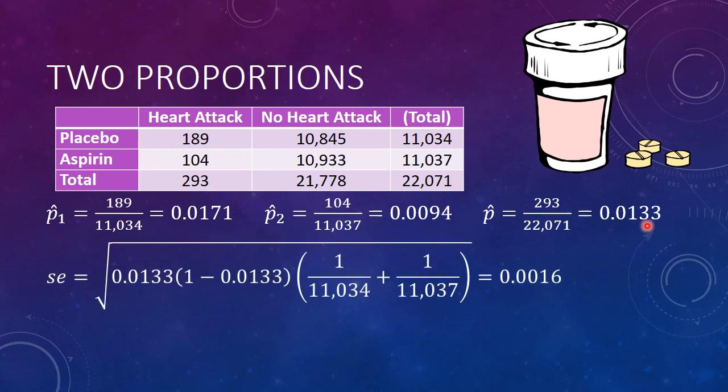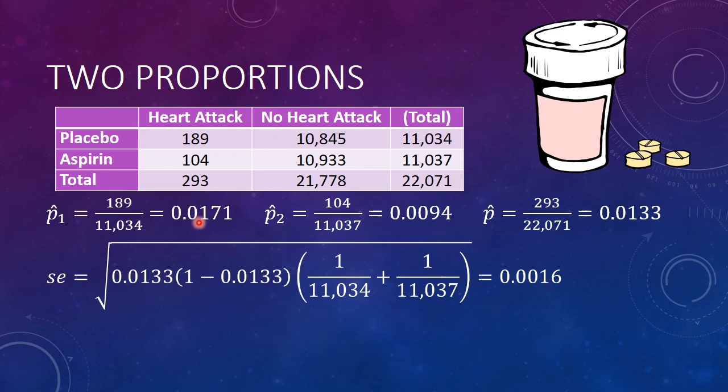So we'll take 0.0133 times 1 minus 0.0133, and we'll multiply by that term that has to do with the sample size. So we'll take 1 over our group 1 sample size, 11,034, plus 1 over our group 2 sample size, 11,037. When we simplify all of that and take the square root, we get a standard error of 0.0016.